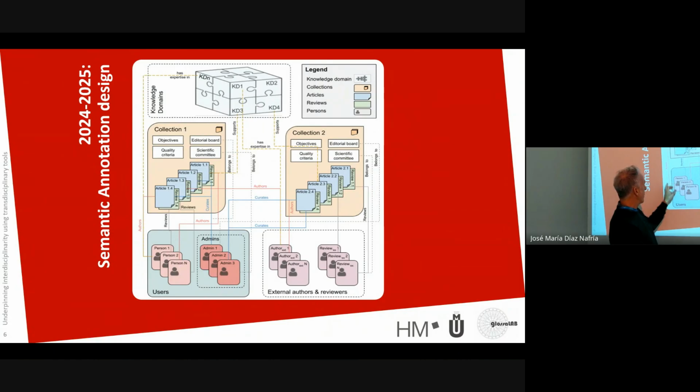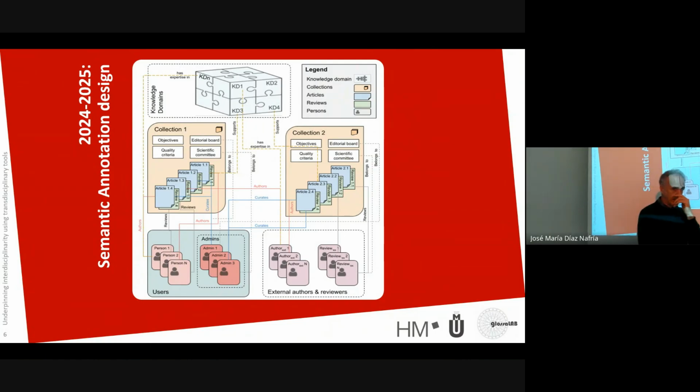So you see, a person is author of articles, a person is reviewer of one article, and is author of another. The administrators already have special capacities. They can be curators, editors, or just administrators of the platform.